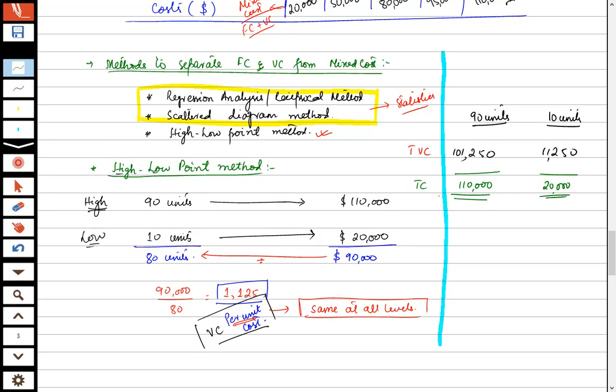Now this is the total cost. Total cost means there is variable cost in it and fixed cost in it.